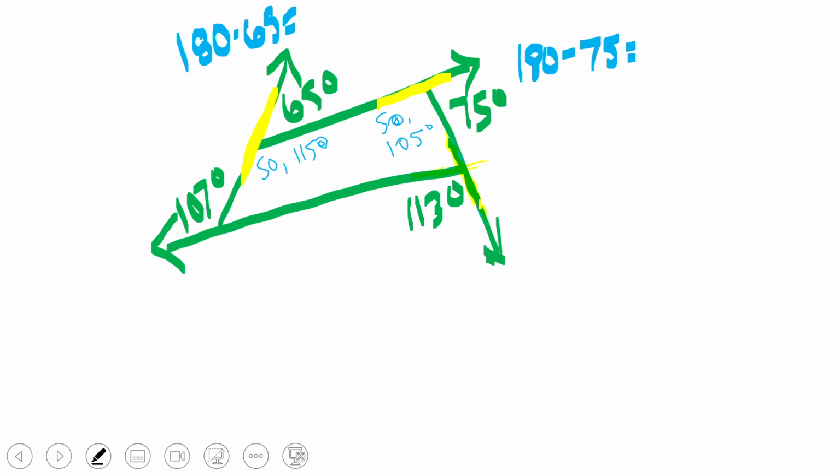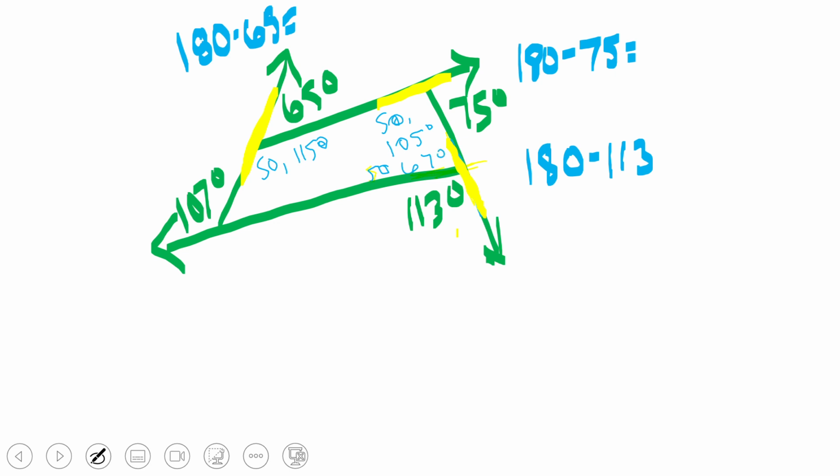Alright, if we have this going on, the color changes when I change it. Okay, this one. This linear pair, you have 113 on this side. So we have 180 minus 113. So that's going to be 67 degrees on this angle.